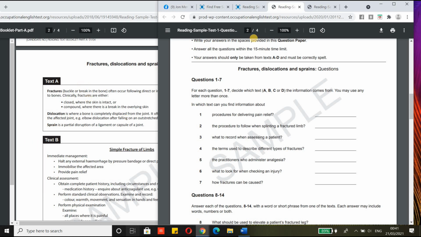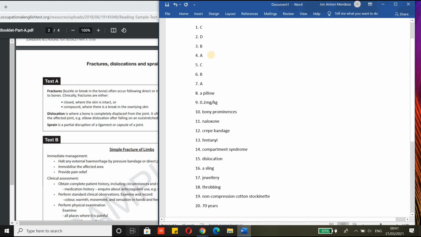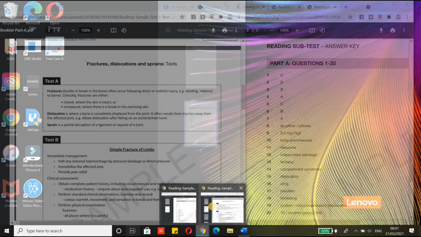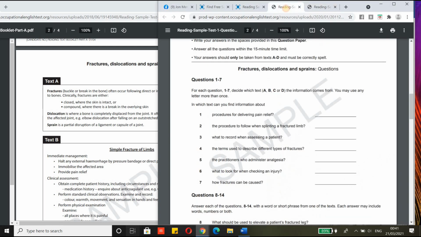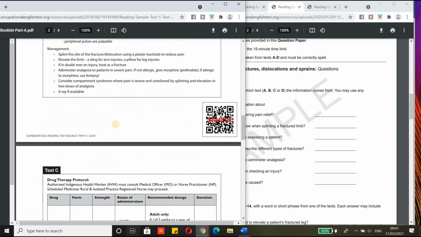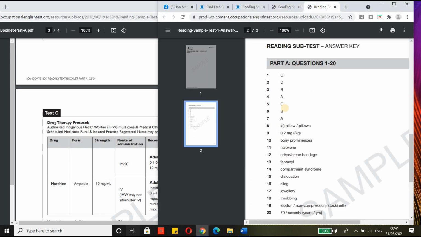So it should be under text A, and the answer is text A, and we answered text A, so it's correct. And then number 5, the practitioners who administer analgesia. Analgesia is under text C, and we can see some people here, okay, under text C. So we've answered letter C, and the answer is letter C, correct.